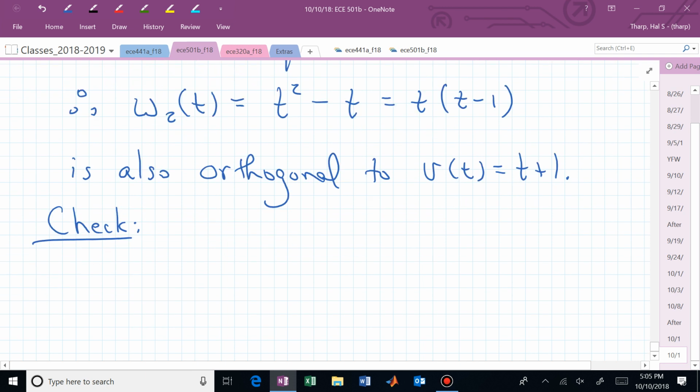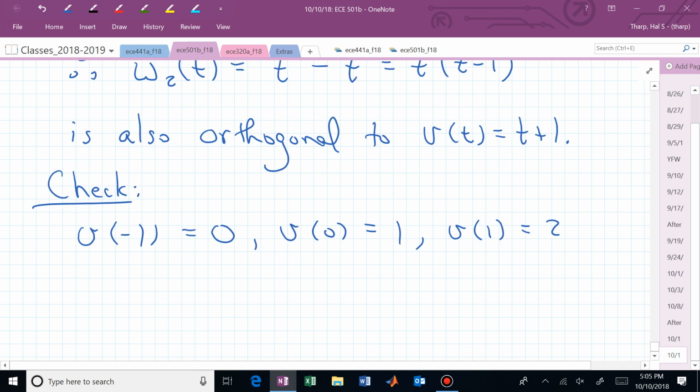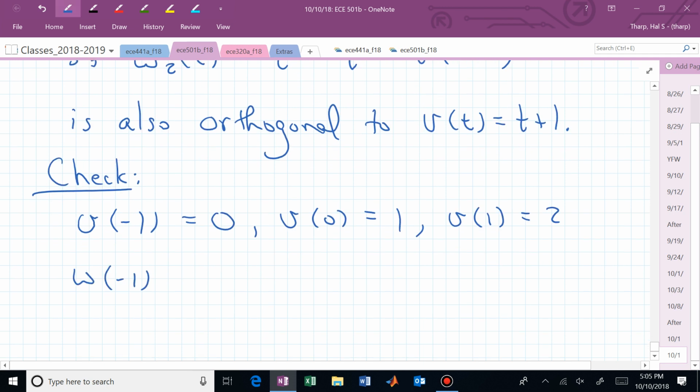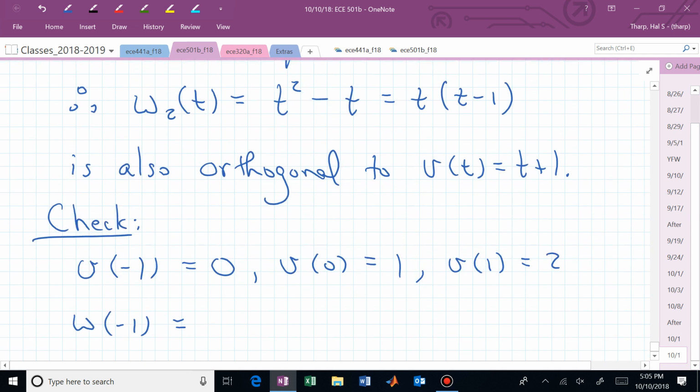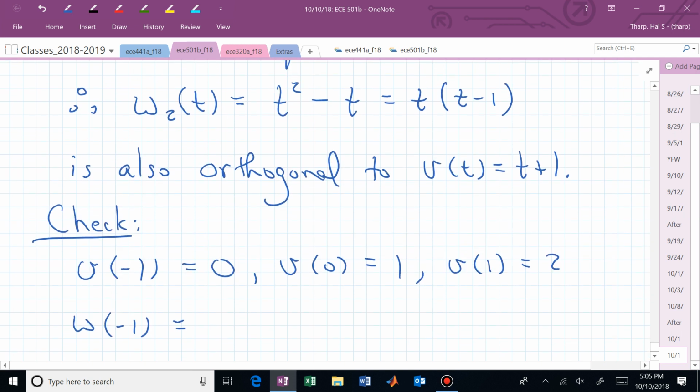And if you wanted to, you could check this, right? We could say that, well, V of minus 1 is 0, V of 0 was 1, and V of 1 was 2. W of minus 1 for this W is 2, W of 0 is 0, and W of 1 is 0.